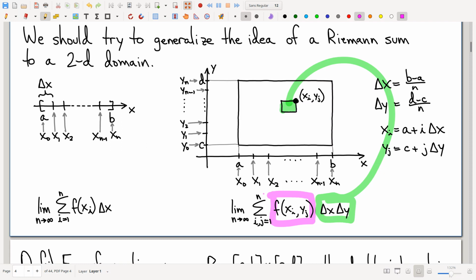On that little piece, mass per unit area times area will give me mass, which I then add up over the whole thing. Population per unit area, otherwise known as population density, times area will give me population. How many people live in this little rectangle? And then I add up over all the rectangles. It's just chop it up, add it up on a rectangle.